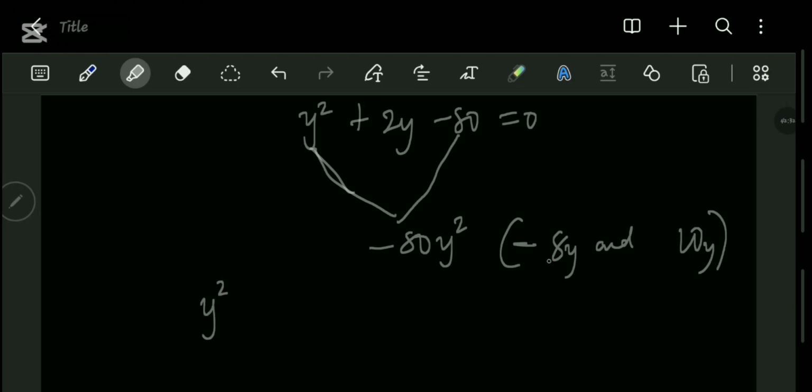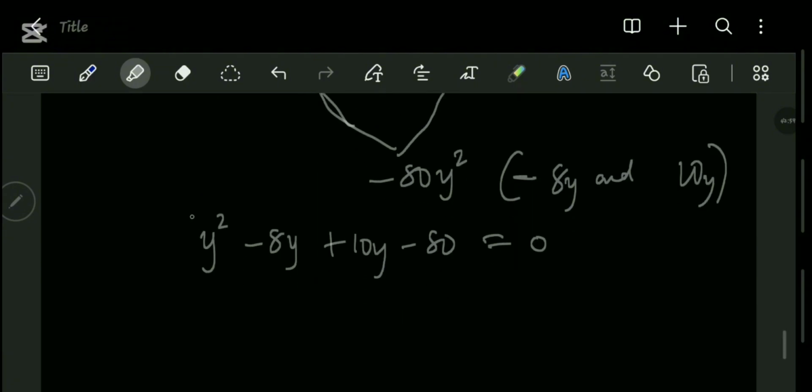So I'm having minus 8y, then plus 10y, and that's minus 80, and that's equal to 0. I replace just the 2y with these terms. Then my minus 80 is still there, and my equal to 0 is still there. So I can group these two and factorize the two brackets.